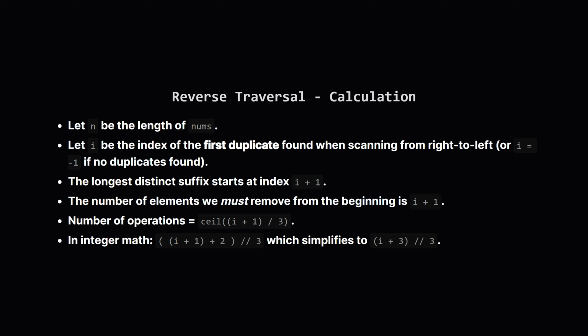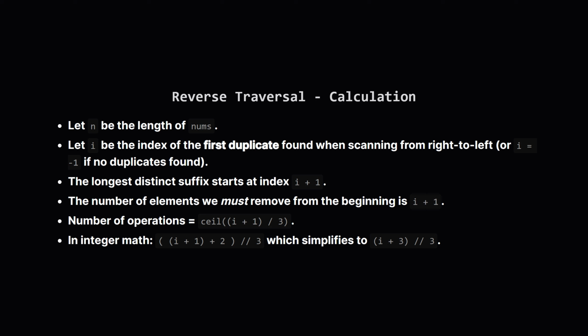Okay, so once we find that first duplicate going backwards, let's say it's at index i, we know the longest distinct suffix starts right after it, at index i plus 1. This means all the elements from index 0 up to index i need to be removed. How many elements is that? It's exactly i plus 1 elements. Now remember, each operation removes 3 elements. So, how many operations does it take to remove i plus 1 elements? We need to take the ceiling of (i plus 1) divided by 3.